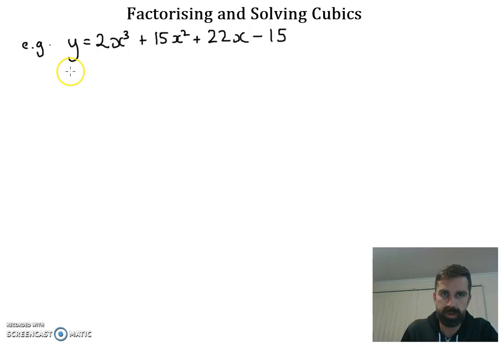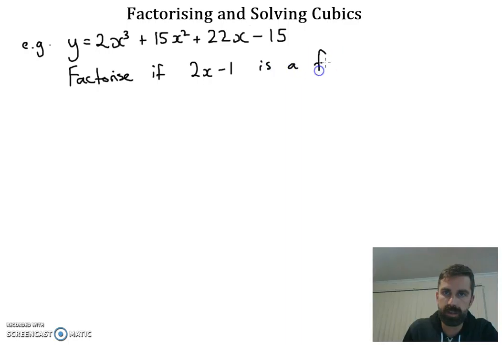And we want to factorize this if 2x take 1 is a factor. So really important thing here, if we had just been told to factorize this cubic on its own, that would be very difficult. But what we'll often do is we'll know one of the factors already, which makes it a bit easier to actually factorize.